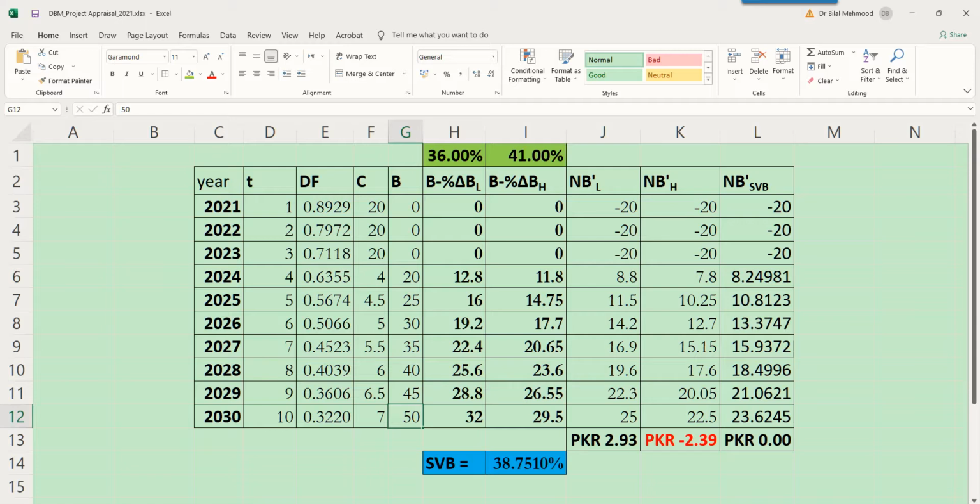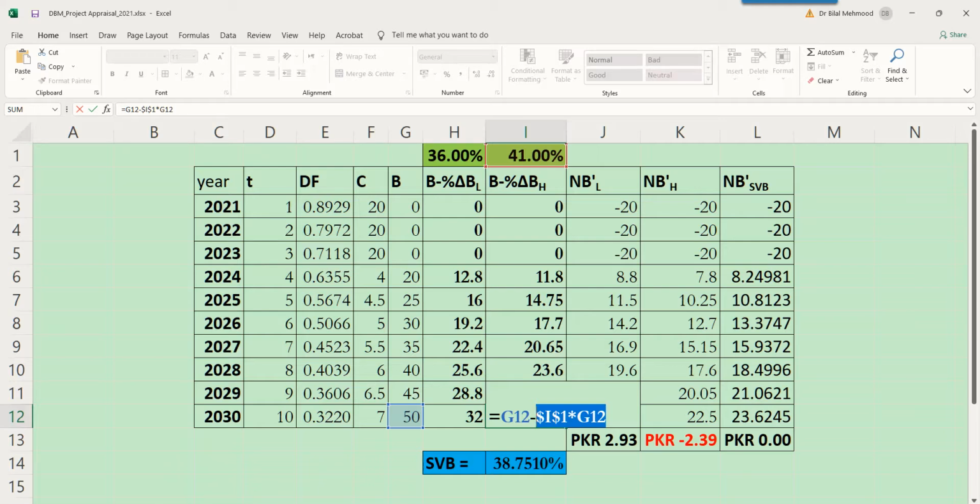Now the higher level of the decrease in the benefits can be calculated in the same way. The formula should be considered here: the original benefits minus 41% of the original benefits, we get this. And now we have this formula being applied in the last row, that is 50 minus this.